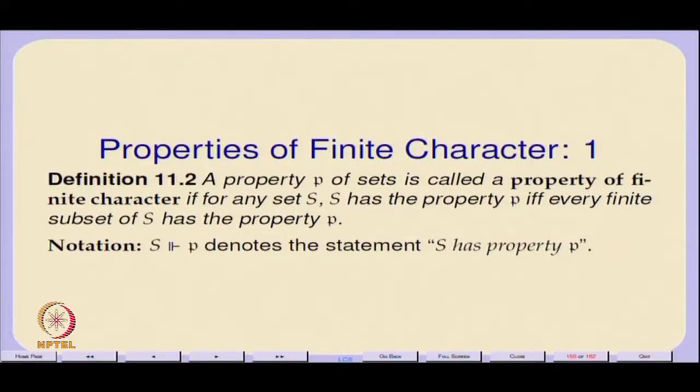A property of sets is called a property of finite character if any set S has that property P if and only if every finite subset of S also has that property P.